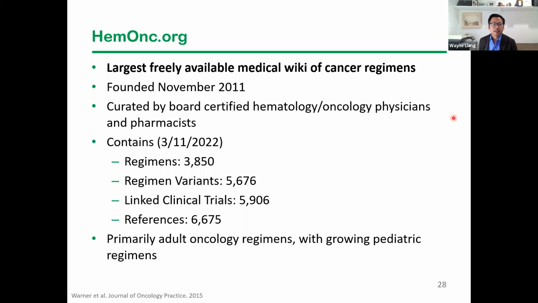And as of today, it contains 3,850 regimens and more than 5,000 variants of those regimens, linked to 5,900 clinical trials, and we're linking to the publication references for that regimen. It's primarily adult regimens, given that it started among adult oncologists, but growing pediatric regimens. So I've been involved with this effort for several years now, at least 6 years.